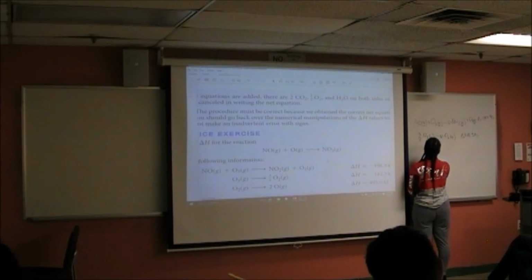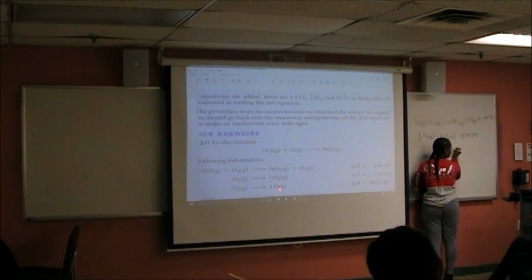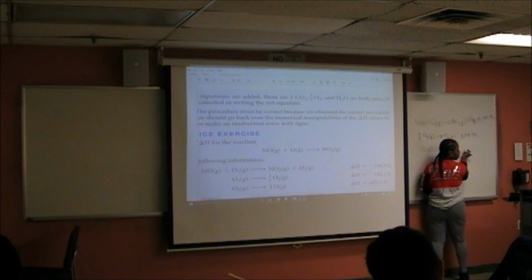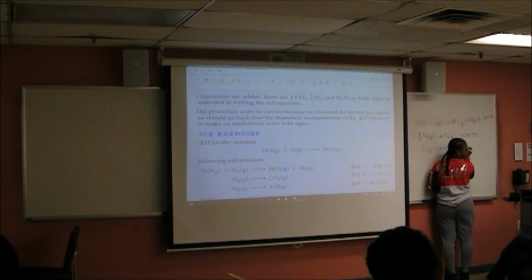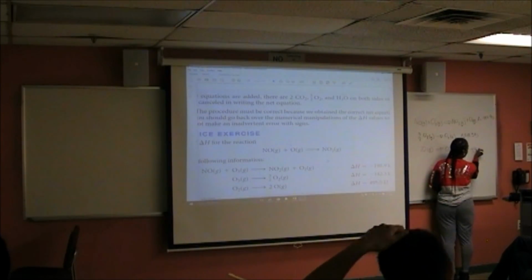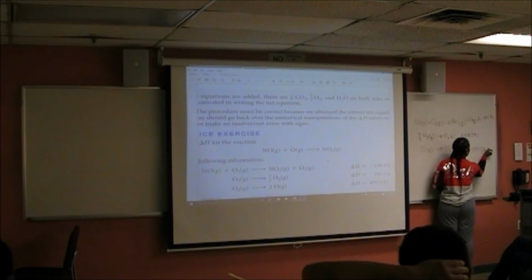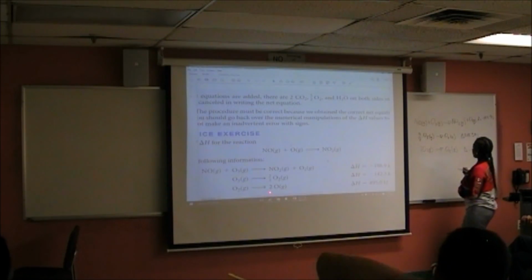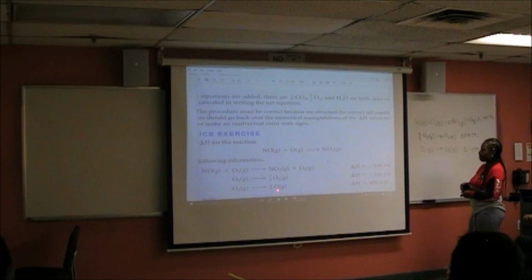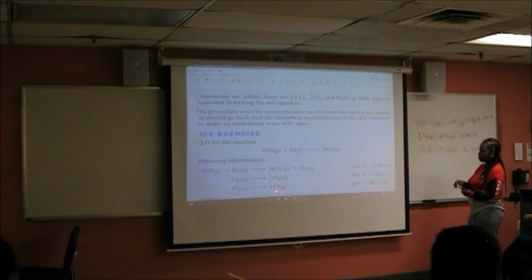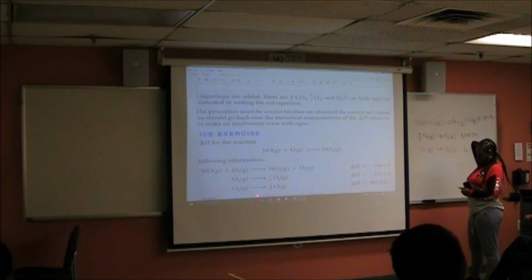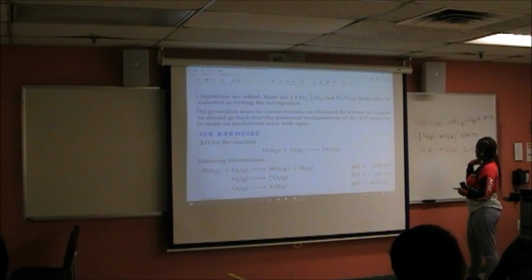Multiply what? By what? This one? There you go. So what do you need to do with that also? So how many oxygen atoms do we need? So therefore what do we need to do with this? Divide that by?